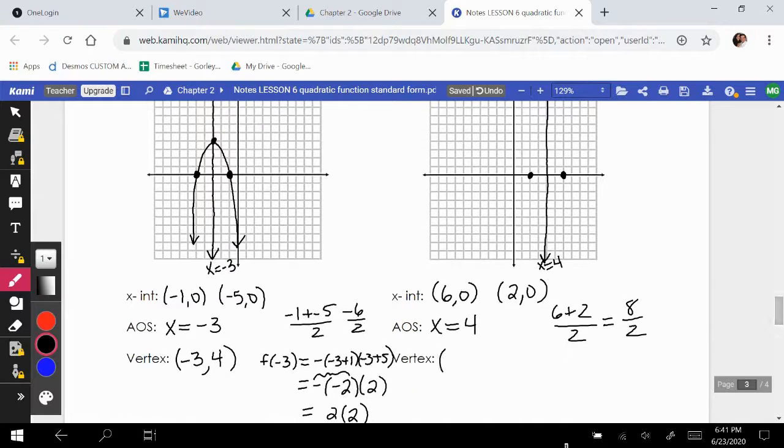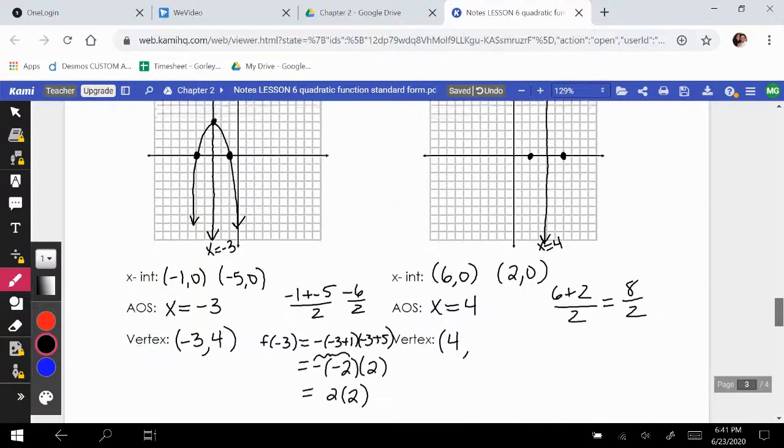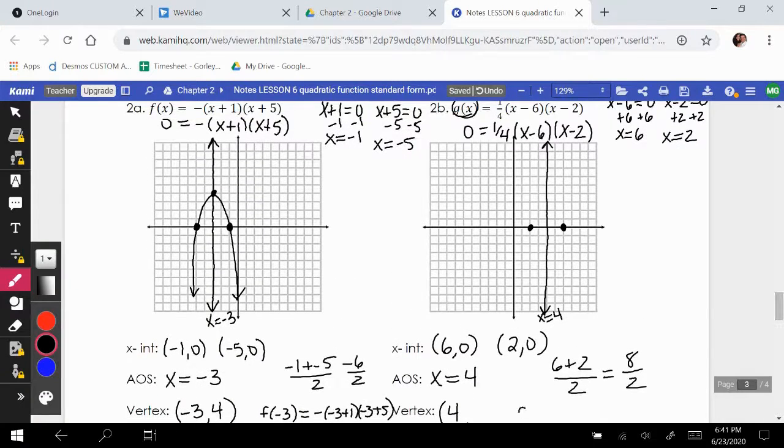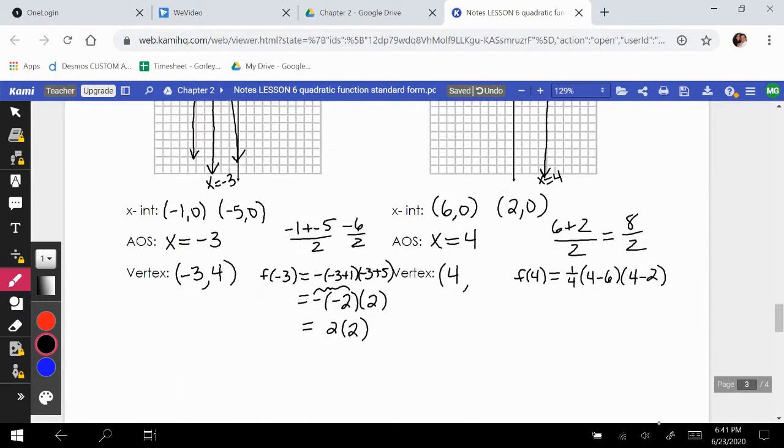Okay, for the vertex, we're going to use that same x value since the vertex lies on the axis of symmetry. And I'm going to plug 4 into my function. So f of 4 would be equal to 1/4 times (4 minus 6) times (4 minus 2). So I would get 1/4 times negative 2 times 2.